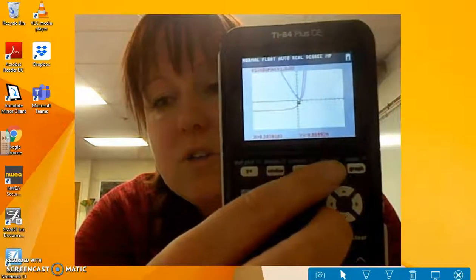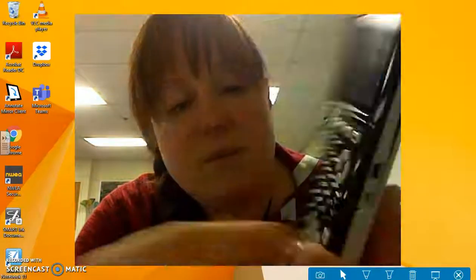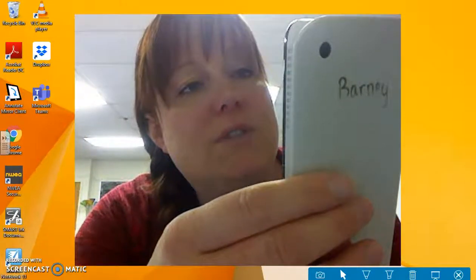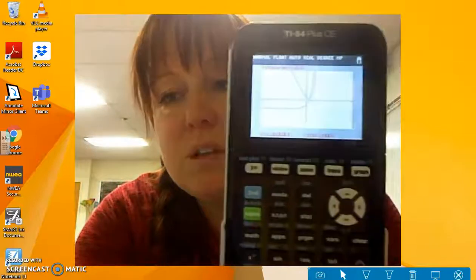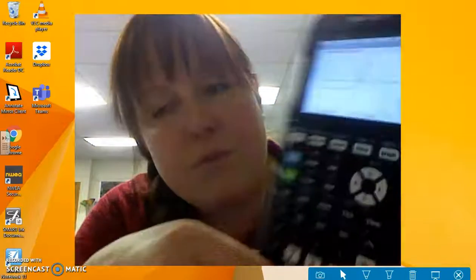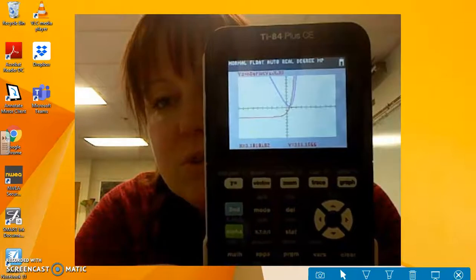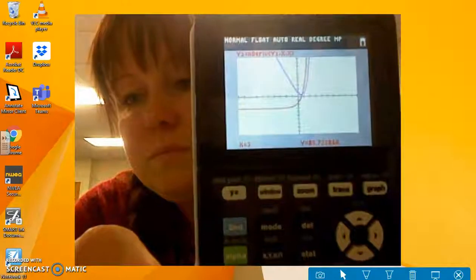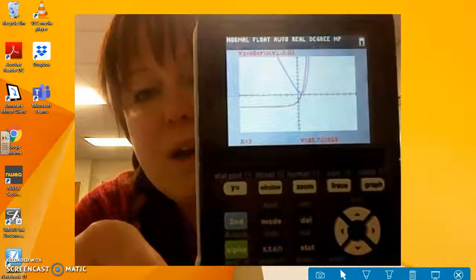There we go. And I trace 3. Oh, I still have to arrow over. It likes to jump over to the blue function. So I've already pushed trace, and then I arrowed to my red function. I pushed 3, and I pushed enter. See? 85.722, that's what we got before.